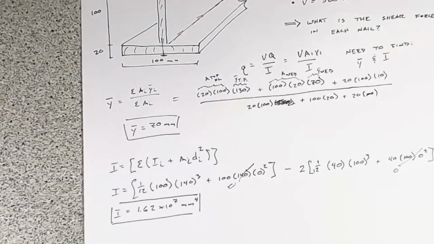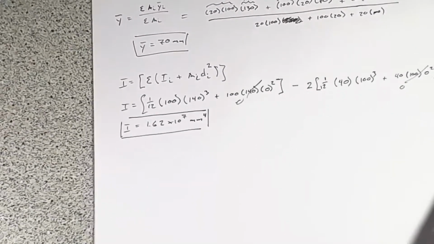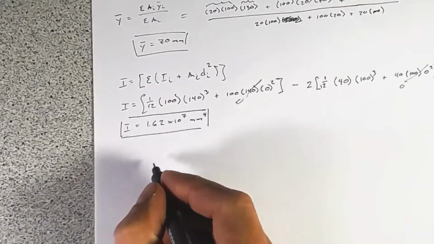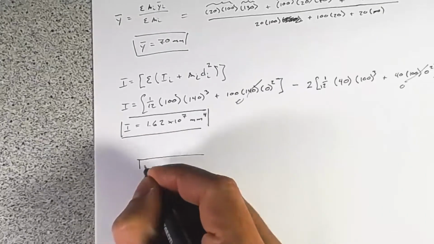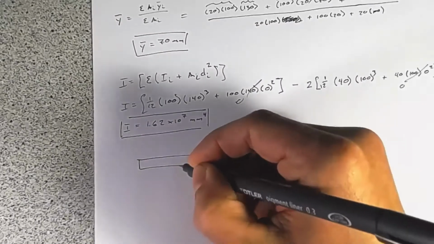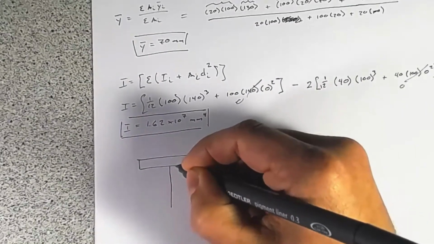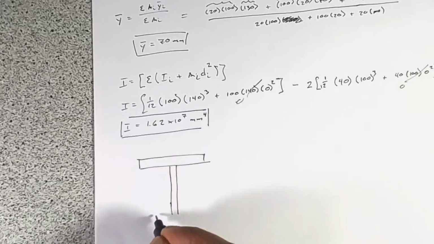All right, so now we have all of the constants that we need. We can work out what our shear flow is, and it's really a fairly straightforward calculation. It's only about 3 more steps and we're there. So let's just draw out our section again, just so that we've got the geometry down here while we're doing our calculations.